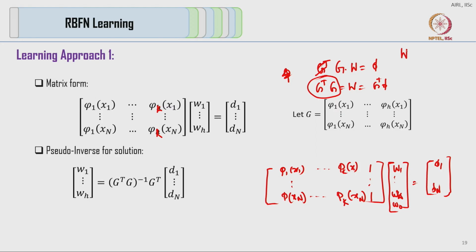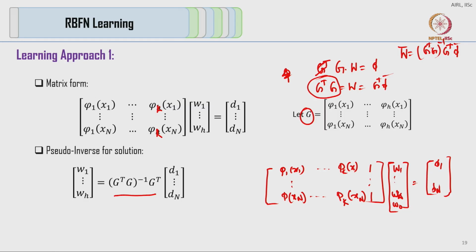So my W is (G transpose G) whole inverse, G transpose, into your D vector. That is your W. This is nothing but the pseudo inverse of this matrix G, right. I can use the pseudo inverse to compute my W straight away.